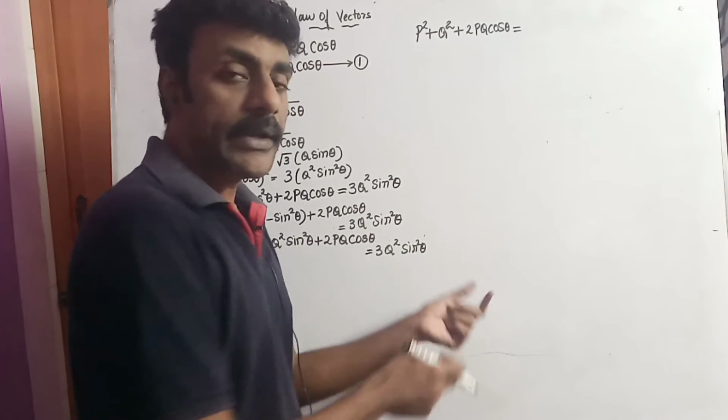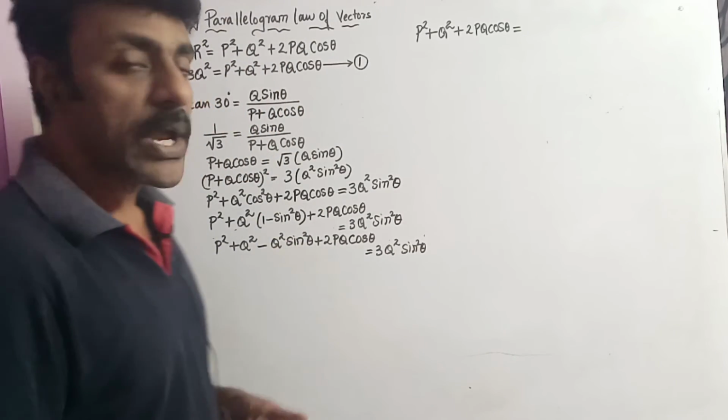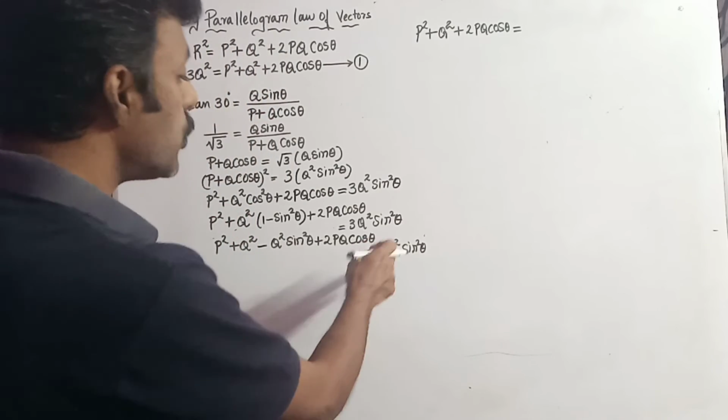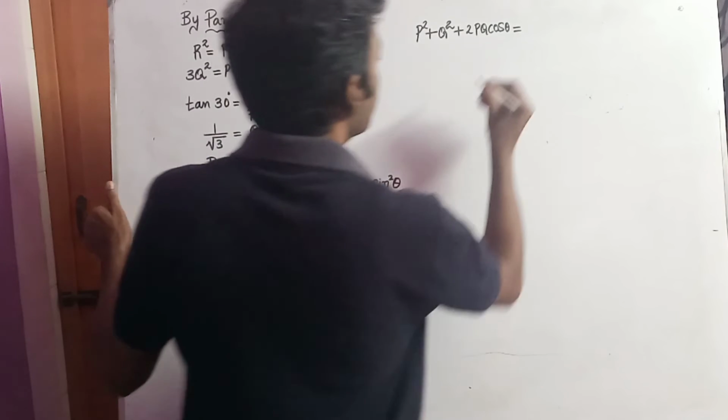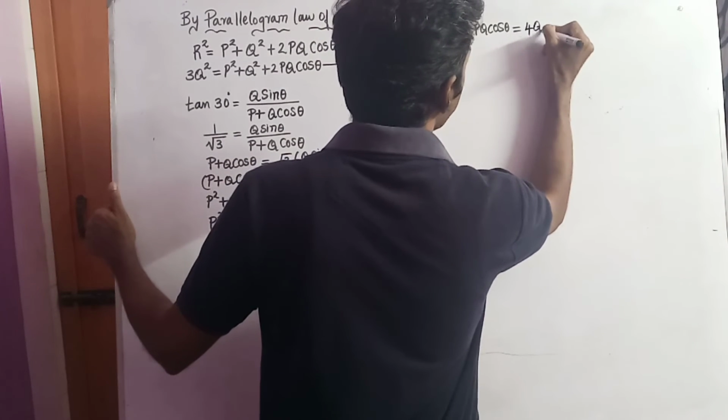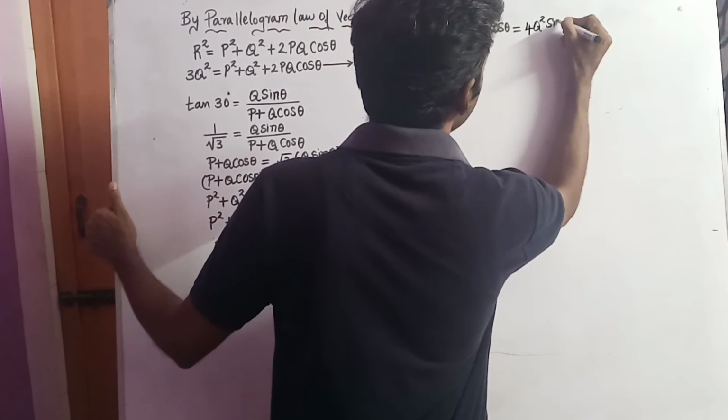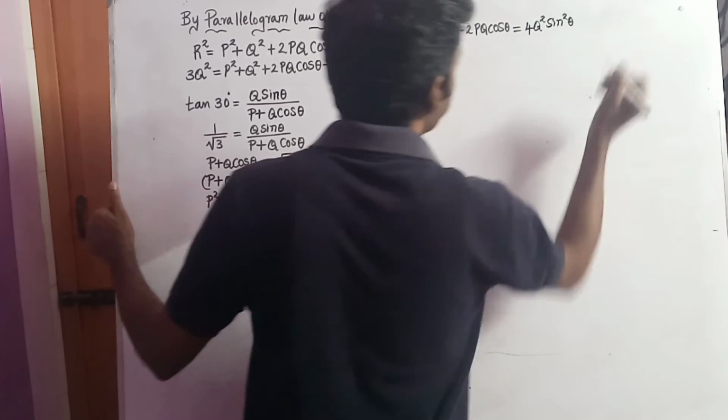When it comes to the right hand side, it will be plus q squared into sin square theta. So 3q squared sin square theta plus q squared sin square theta will be 4q squared into sin square theta.